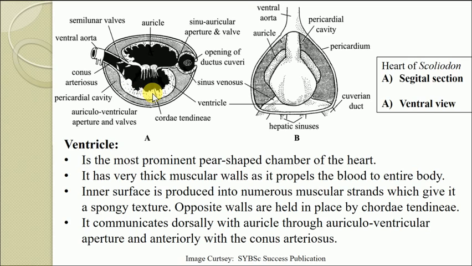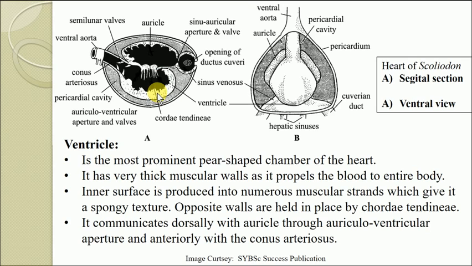The opposite walls are held in place by structures known as the chordae tendineae. These are the chordae tendineae, responsible for holding the opposite walls in their proper position. They also prevent the ventricle from expanding beyond its capacity. This means the chordae tendineae have an important role in the relaxation, or expansion, of the ventricle.